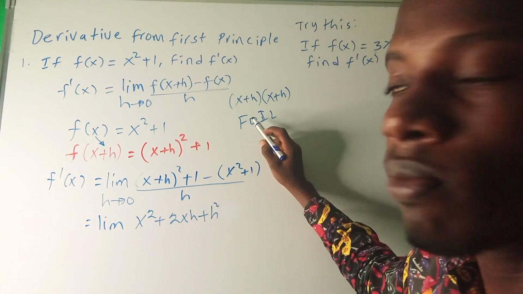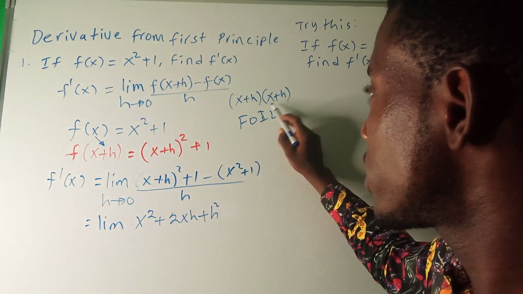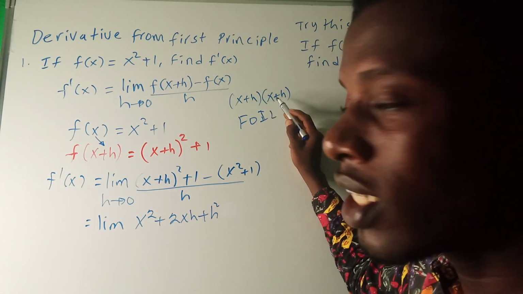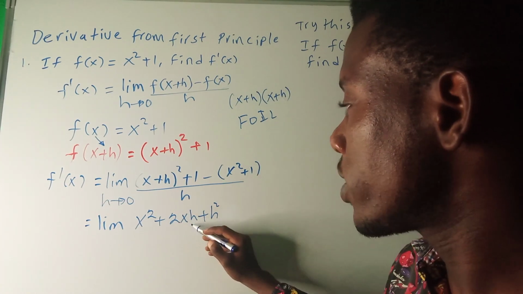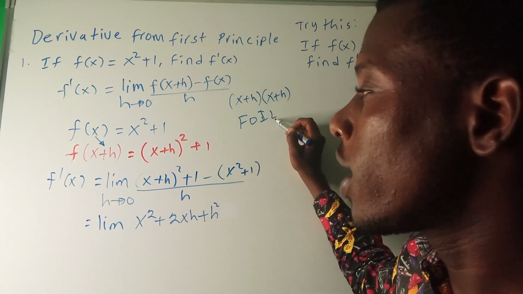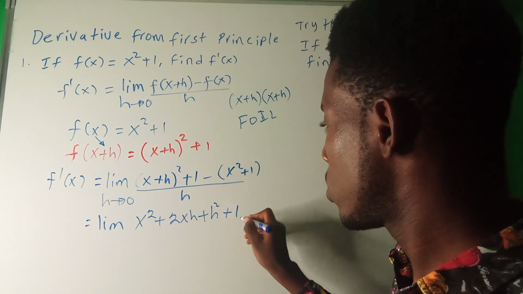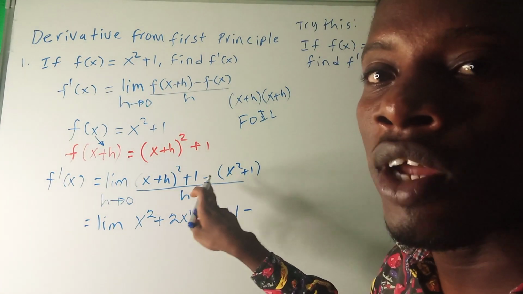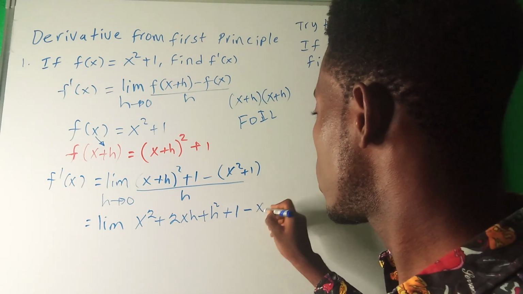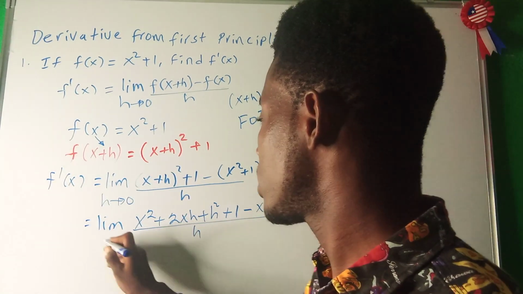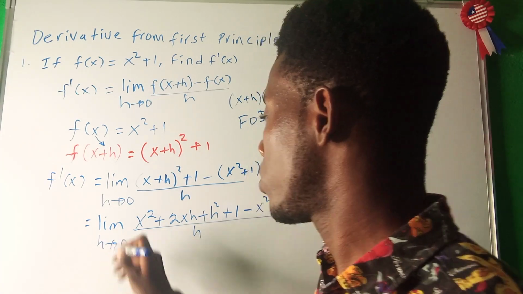The outer term, x times h, is xh, and the inner term, h times x, is xh. We add xh plus xh and have 2xh, and then the last term, h times h, gives us h squared. We have plus 1 minus, and this negative is going to affect everything here: minus x squared minus 1, all divided by h, as h approaches 0.